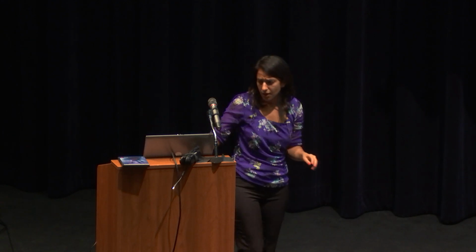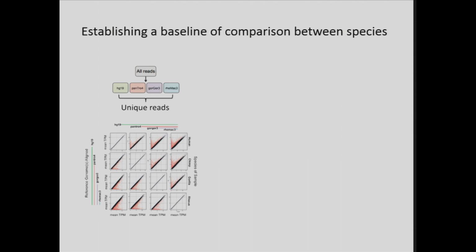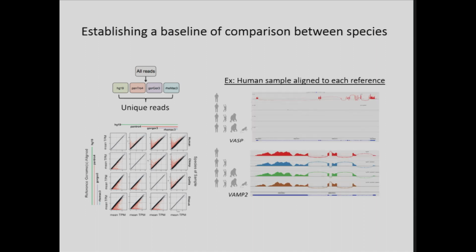And this allows us to know that we are only looking at regions of the genome that are conserved and at least similar between all of the species. We then compare gene expression profiles between mappings to make sure that we don't have any remaining bias. We get rid of any remaining bias we have, and that's shown here.